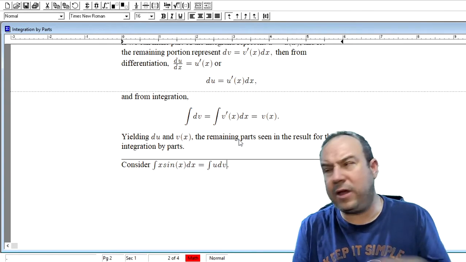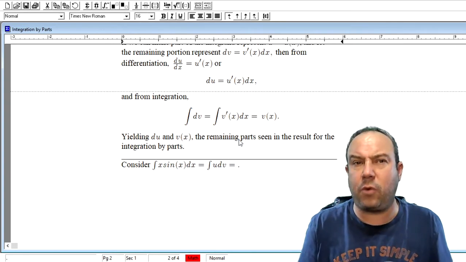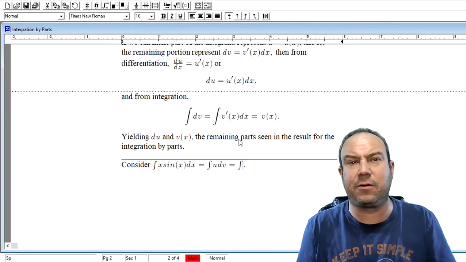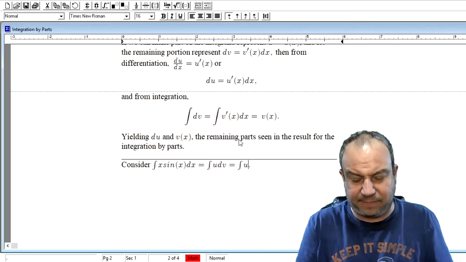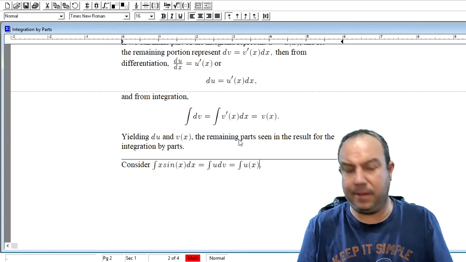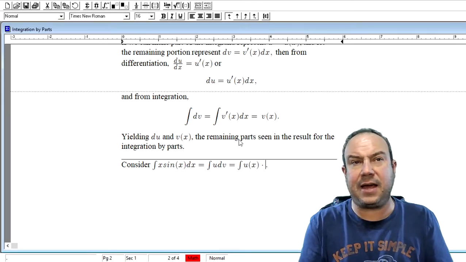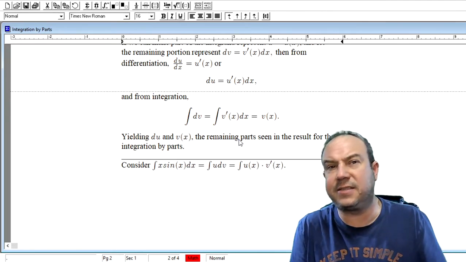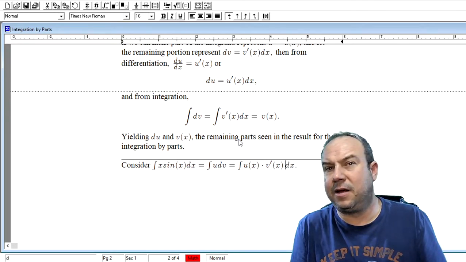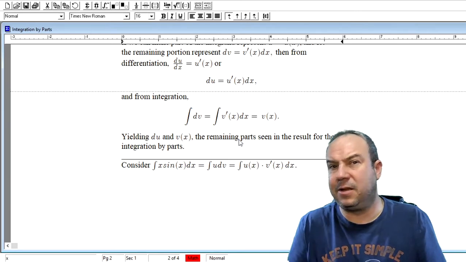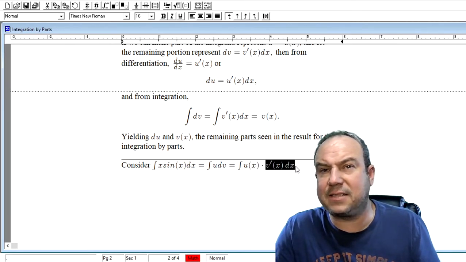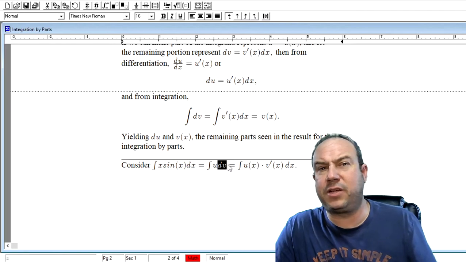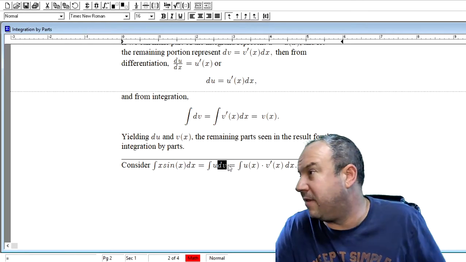You are going to want to look at it as the integral of some function u of x times some function which would represent v prime of x, all with respect to x, where v prime of x dx becomes the part of integration by parts known as the value dv.